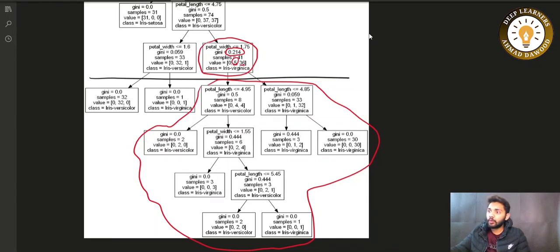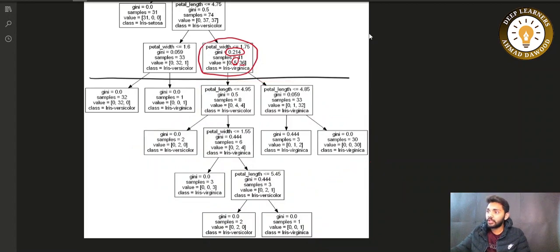But if you stop your model from growing at this particular position, where I have drawn the black line, then you can get a generalized model.